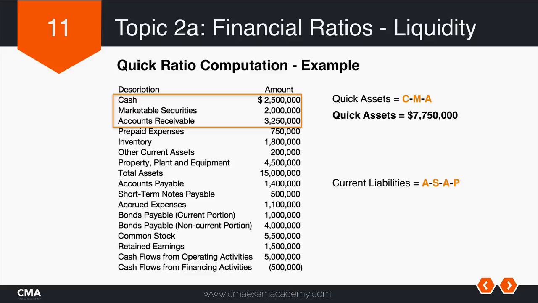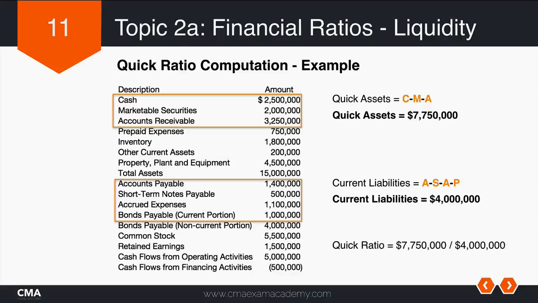As computed earlier, current liabilities amounted to $4 million. Therefore, we will arrive at a quick ratio by dividing the quick assets of $7,750,000 by current liabilities of $4 million. This is equal to 1.9375 or approximately 1.94. That's almost twice the company's current liabilities.